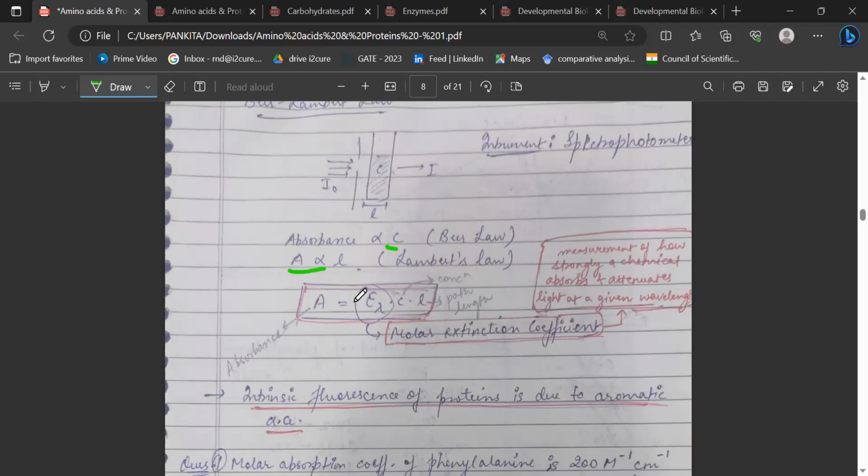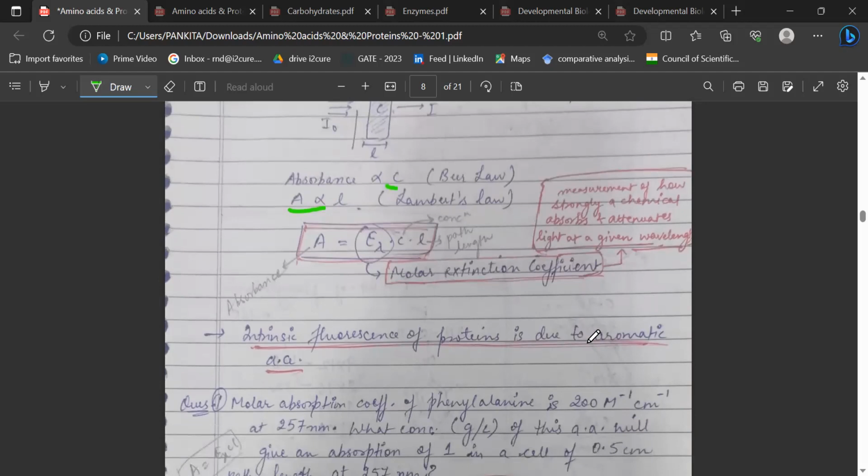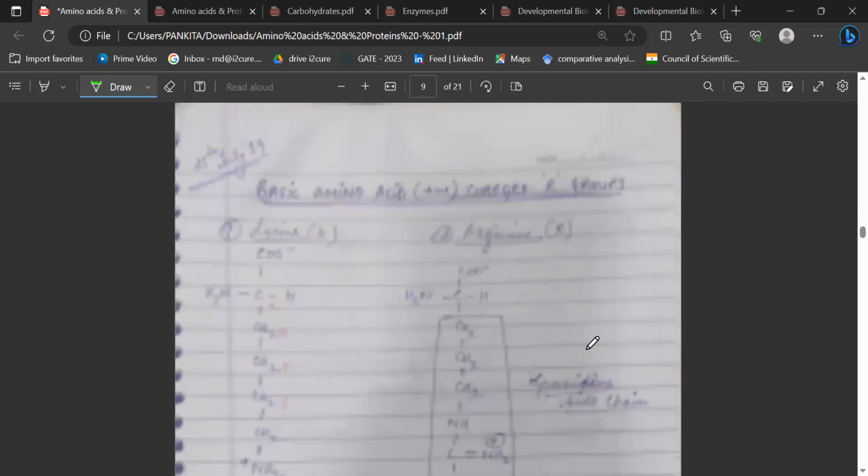So basically, absorbance is equal to epsilon multiplied by C multiplied by L. Epsilon stands for the molar extinction coefficient, which is basically the measure of how strongly a chemical absorbs or attenuates light at a given wavelength. So to calculate the absorbance of any substance, we need to know the molar extinction coefficient as well as the concentration at which it's kept and the path length through which the light is passing. Intrinsic fluorescence of proteins is due to the amino acids which contain aromatic side chains.